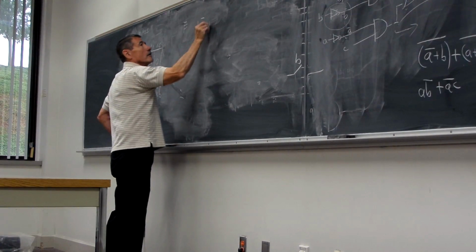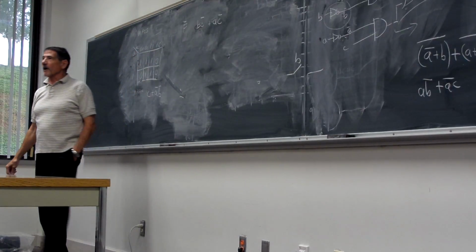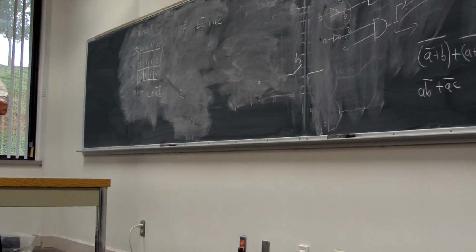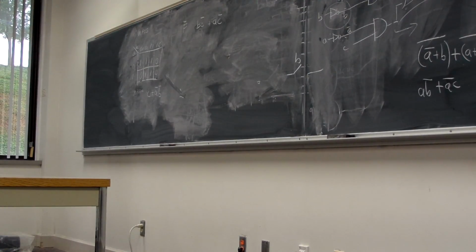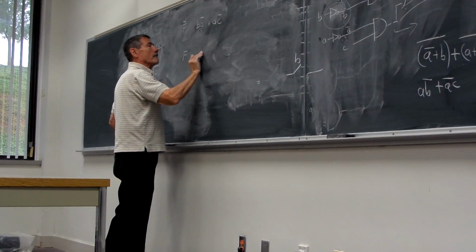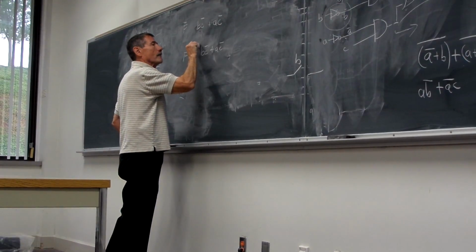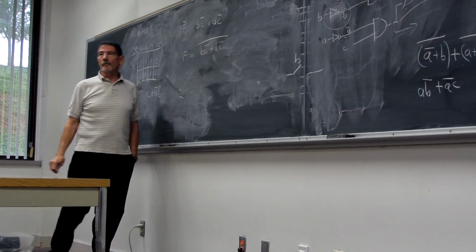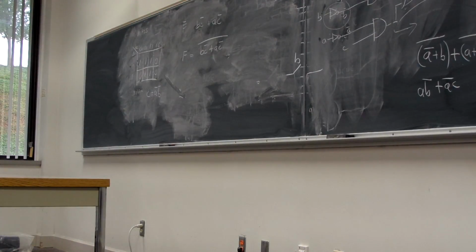A or C bar. But I just covered F bar. What I want is F, so I'm going to negate the whole thing. Are we looking at the zeros at the end?